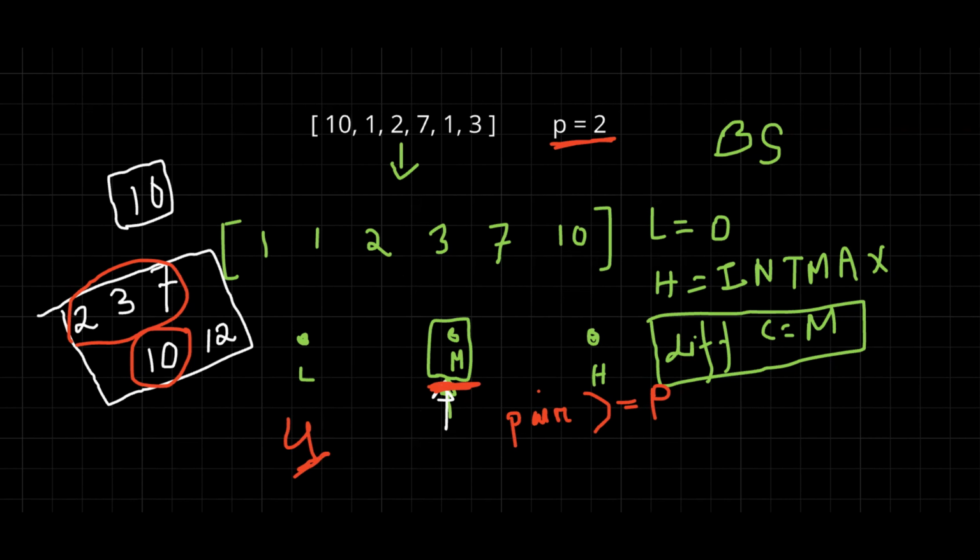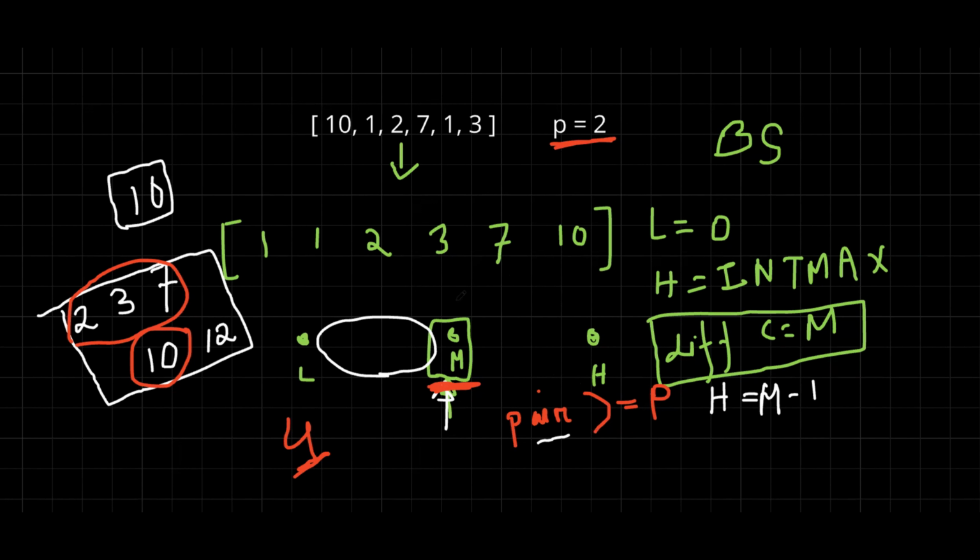So here we have to simply search the element in this range, where the value will be minimum. So if the valid pairs amount is greater than or equal to P, we have to shift our high pointer to mid minus 1.